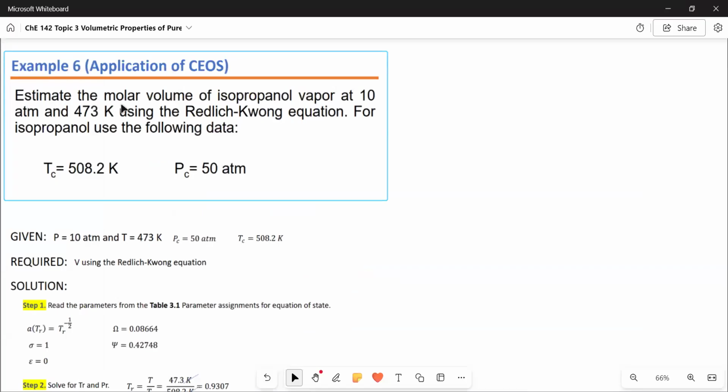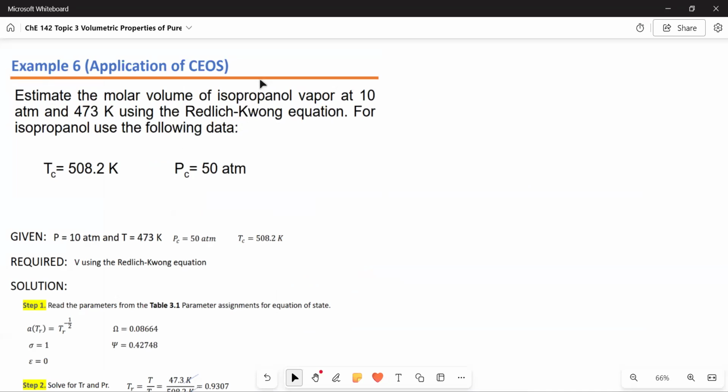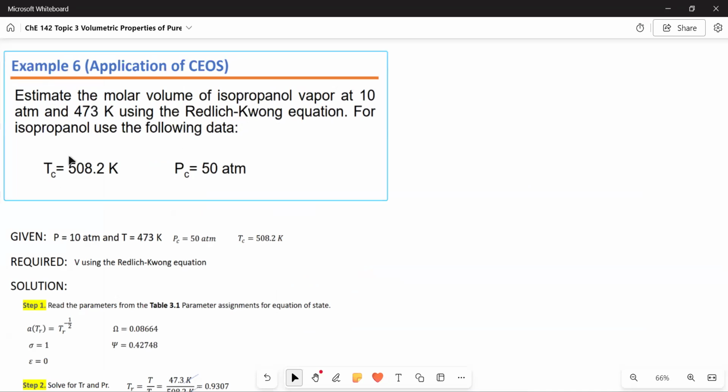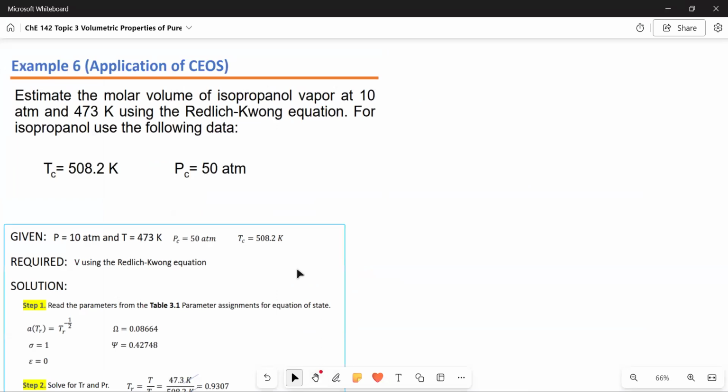The question is: estimate the molar volume of isopropanol vapor at 10 atmospheres and 470 Kelvin using the Redlich-Kwong equation. For isopropanol, use the following data. You can also check the isopropanol critical temperature and pressure from Smith and Van Ness.